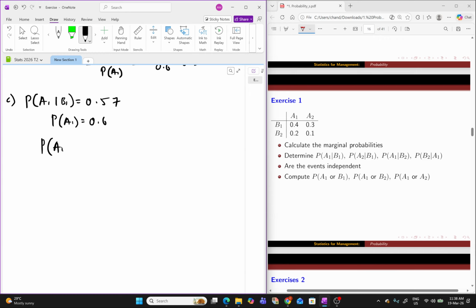The condition for me to say that A1 and B1 are independent is that this probability must equal this probability. Are they equal? No, isn't it? So not equal, so not independent.